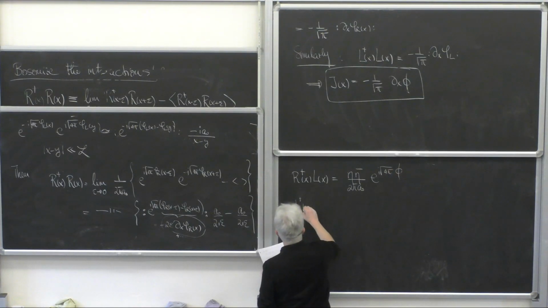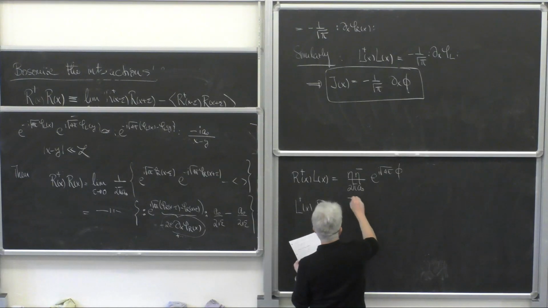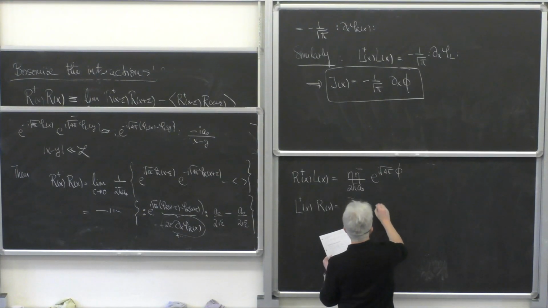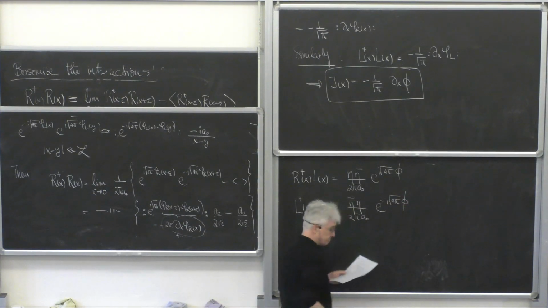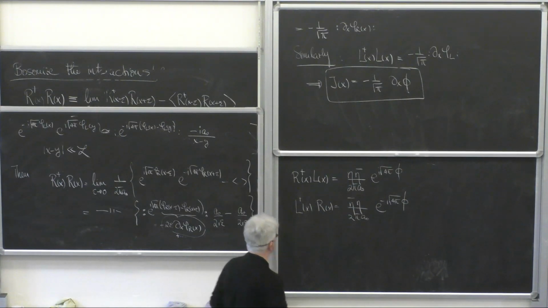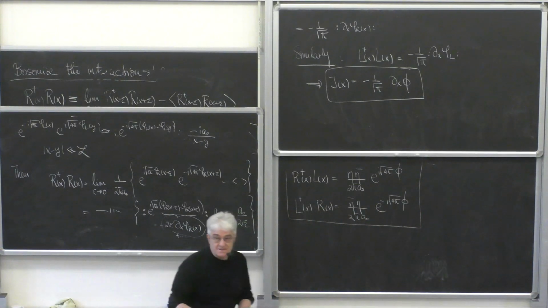And left dagger of x, right of x is eta bar eta, 2 pi a naught e to the minus i square root of 4 pi phi. Okay? So these are not so nice.